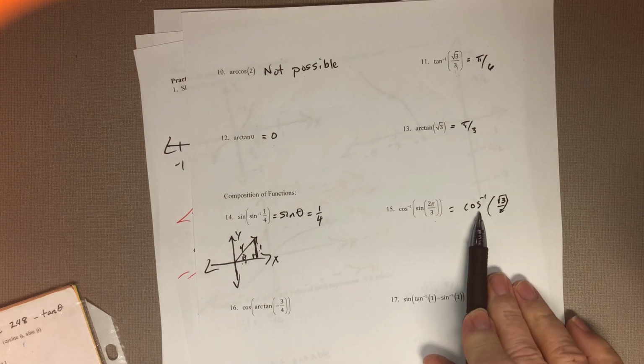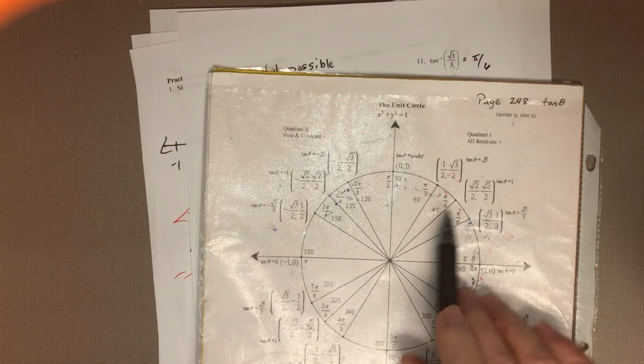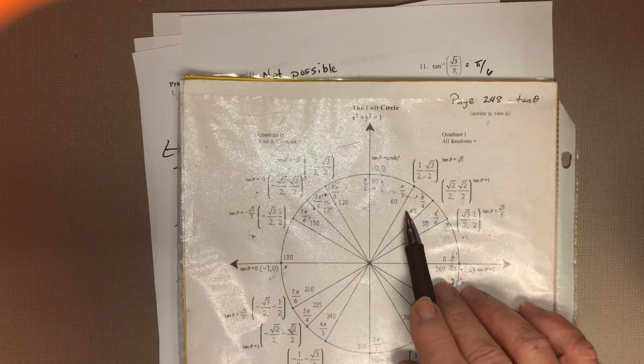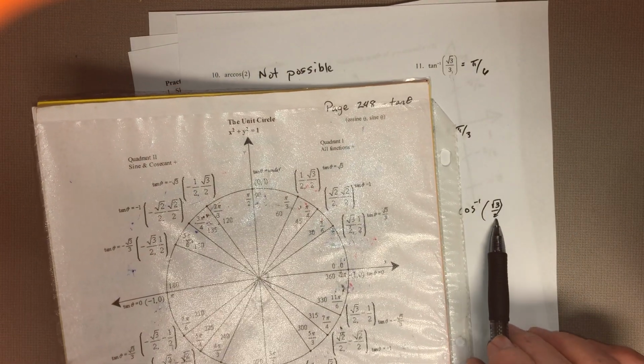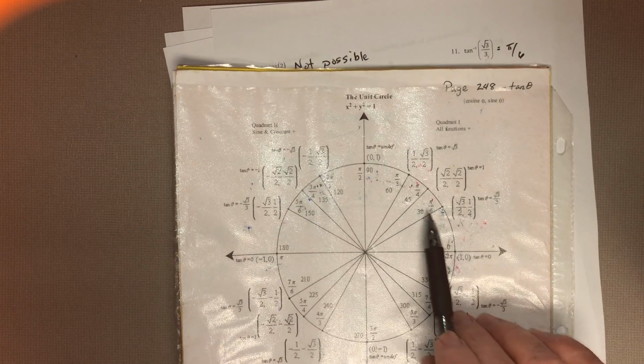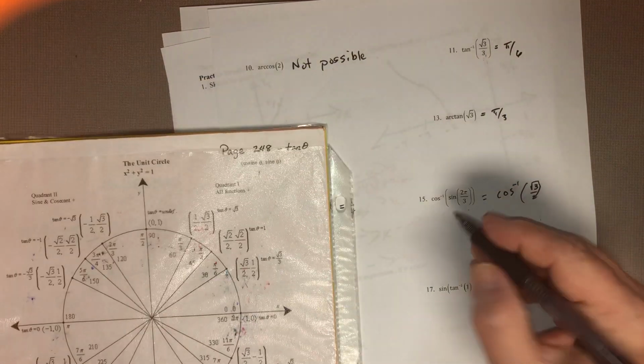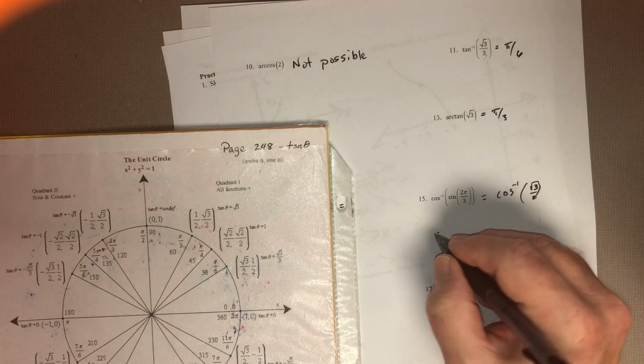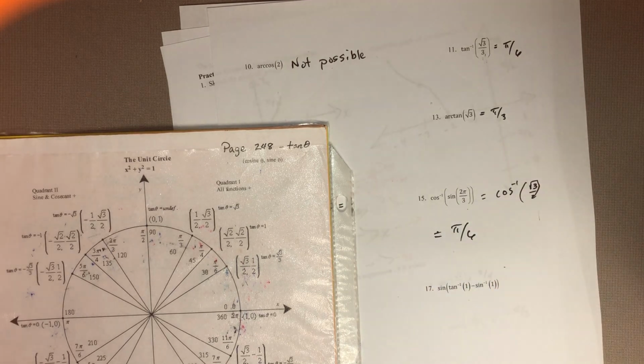Now, inverse cosine is defined in the first and the second quadrant, and which one has a positive? Well, that's the first. So we're looking over here, and we're going to find the angle that has a cosine equal to square root of 3 over 2. Square root of 3 over 2 right here is pi over 6. So this is equal to pi over 6.